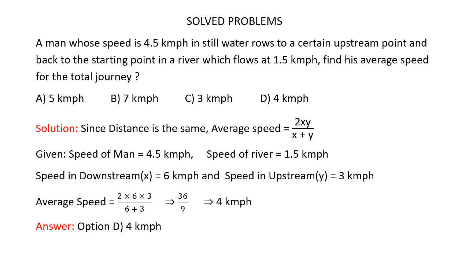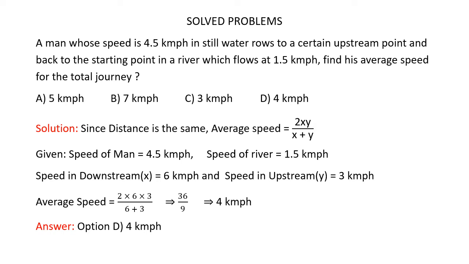Now, since the distance traveled is the same, that is, he travels the same distance upstream and downstream, we know that when distance is the same, the formula for average speed is 2xy divided by x plus y.